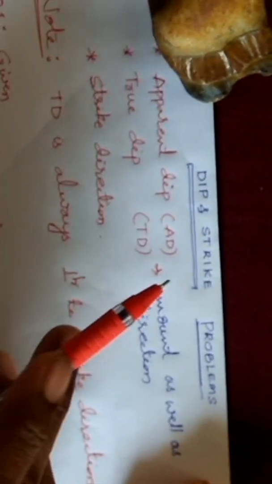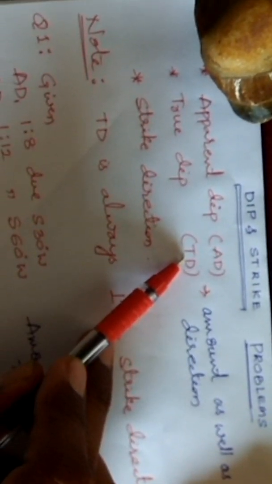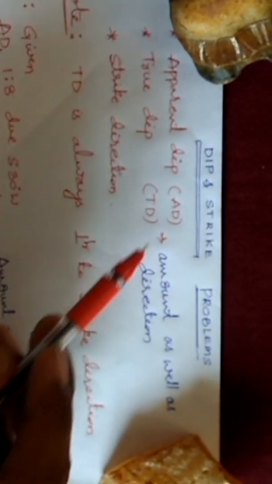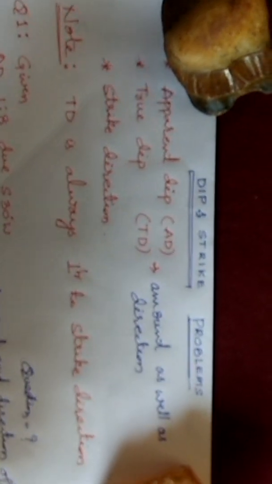Friends, in the defined strike problems, first of all, we have to be aware of the apparent dip, the true dip, its amount as well as direction, and the strike direction. We already know some points which you have to remember once again.